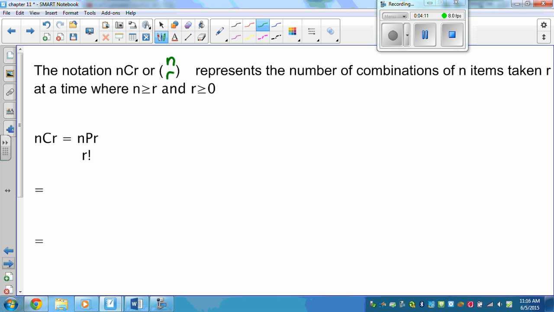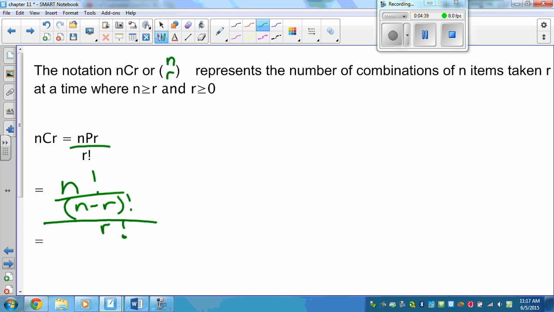We saw that nCr is the same as nPr divided by r factorial. So just expanding this, I would get n factorial over n minus r factorial. That's what nPr is. And I am dividing this by r factorial.